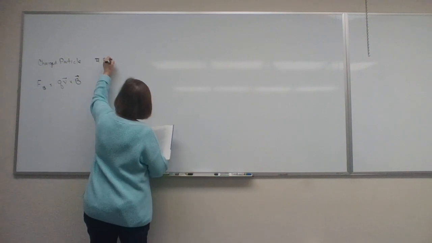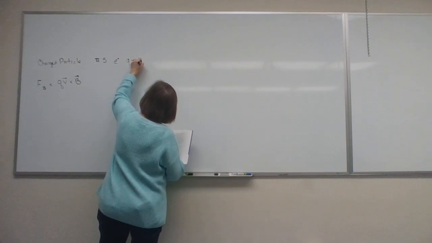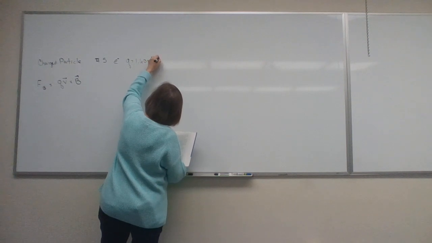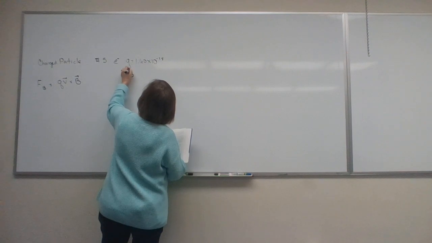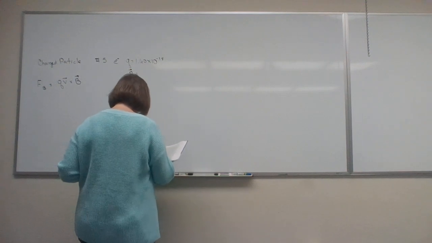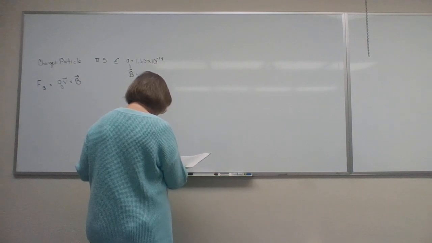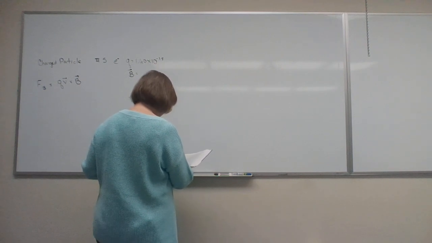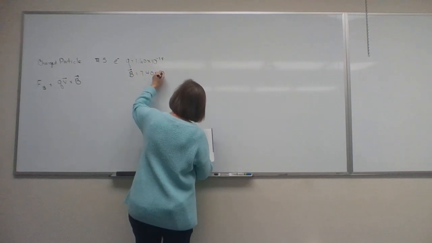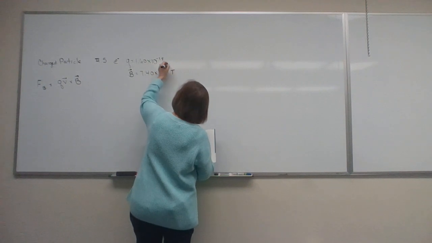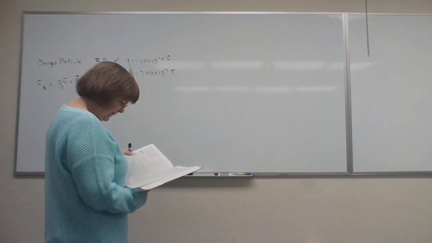First they're telling me I have an electron, which means I have Q. And they also tell me that I have a magnetic field.